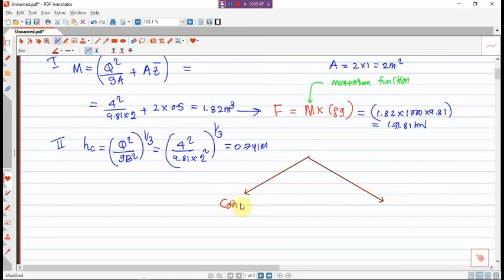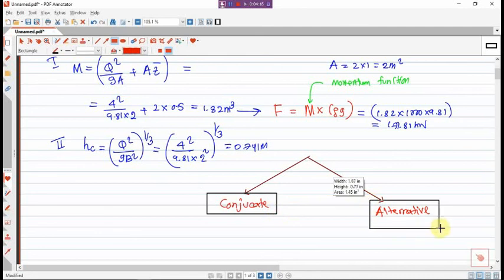Conjugate depth, then alternative depth. The alternative depth, we already did a question on, where total energy 1 is equal to 2. So we used that to find the alternative depth.